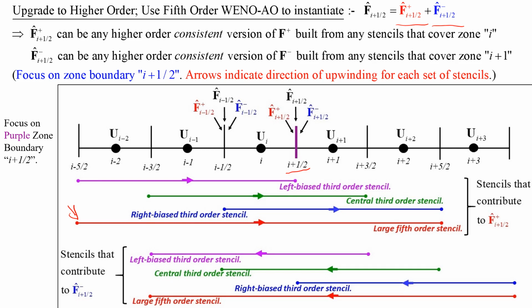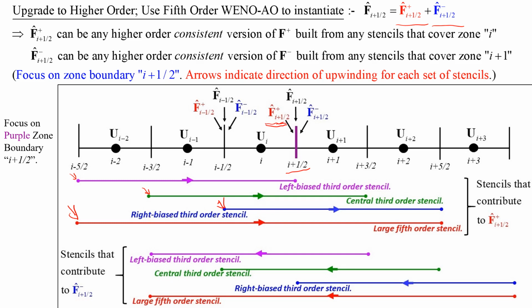If that stencil is smooth, we can take the smooth solution of that stencil to obtain F plus at zone boundary I plus a half. But if not, we can resort to these smaller third order stencils, and you can drill down in the order of accuracy as much as you wish to obtain F plus at I plus a half, which is properly nonlinearly hybridized.